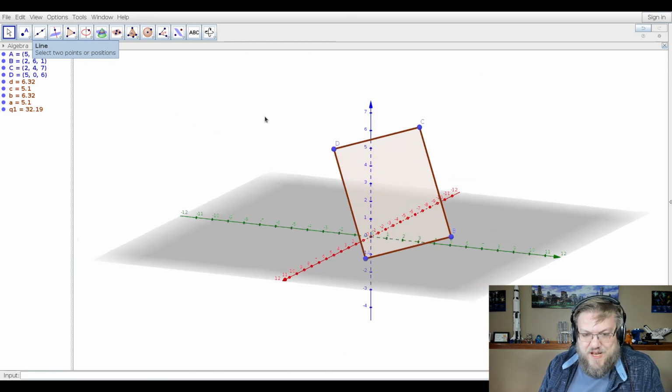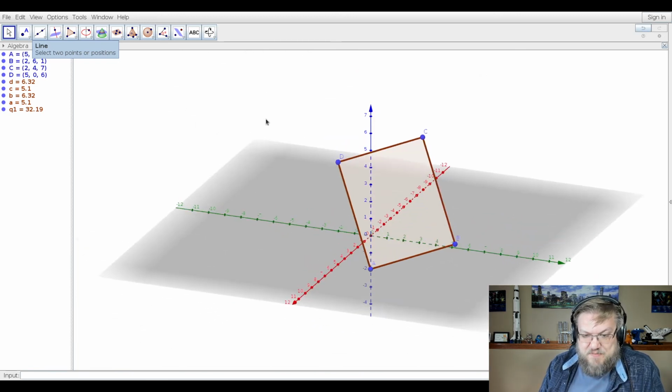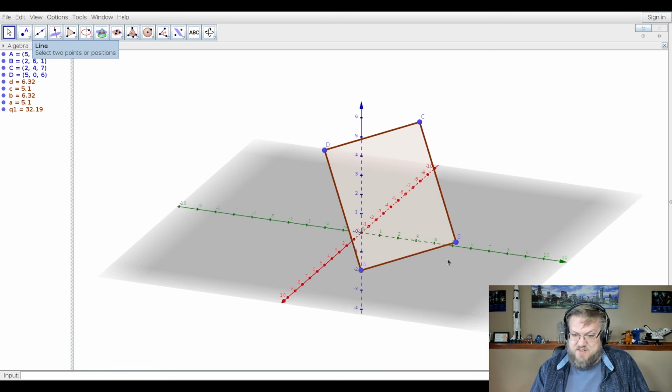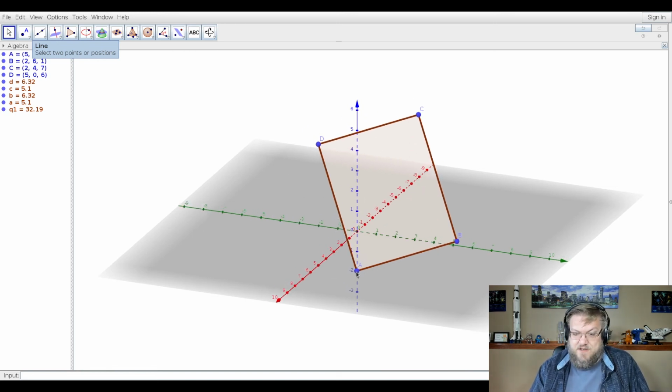So what is a way that I could actually prove that this is a parallelogram, right? And so one way I could do that is to think about the vectors formed here. So I could form vector, let's say AB, which is the one running along the bottom here, and then form vector DC, right?